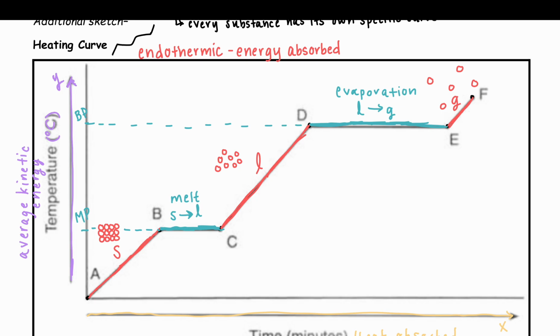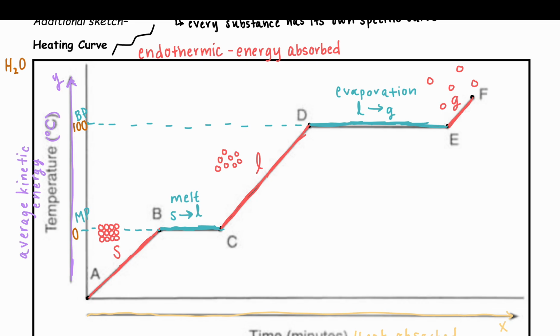Now, each heating and cooling curve represents a specific type of substance. So for example, let's say that this heating curve is for H2O, or water. We know that the melting point of water is 0 degrees Celsius and the boiling point of water is 100 degrees Celsius.